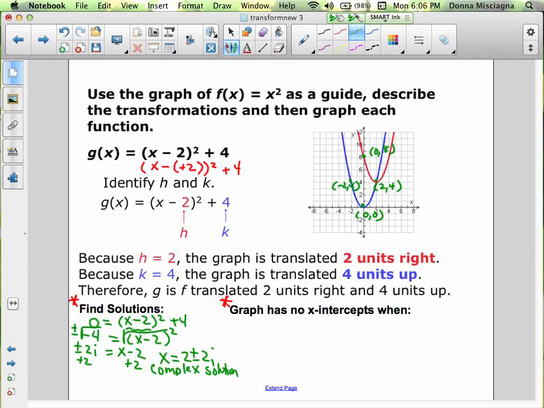Right? So we're going to have one of 2 different scenarios here. And I'm going to switch colors so it sort of stands out. So a graph has no x-intercepts when, first possibility, the vertex is above the x-axis and the graph is concave up.